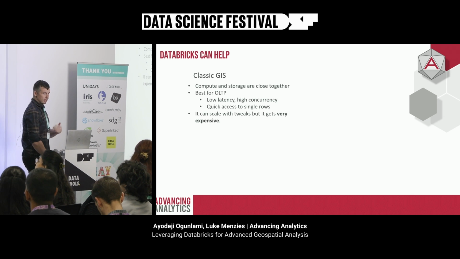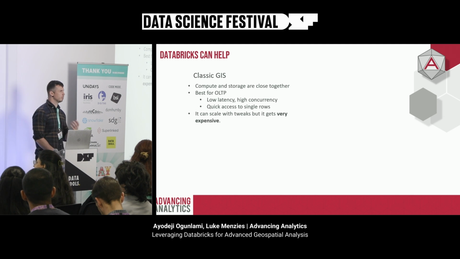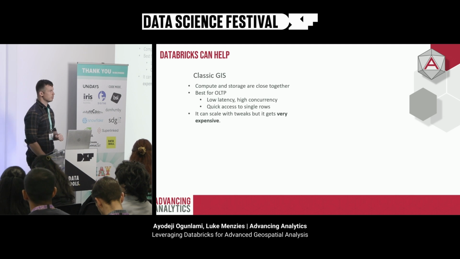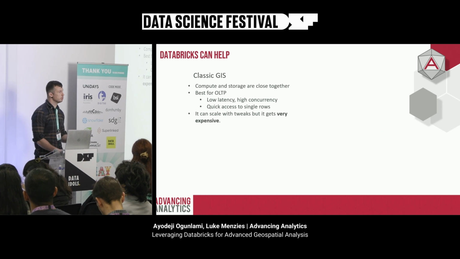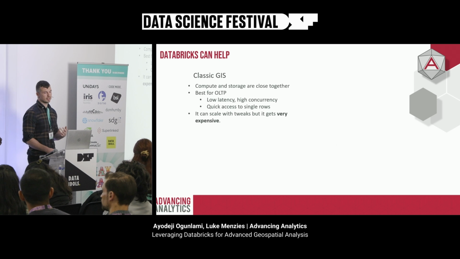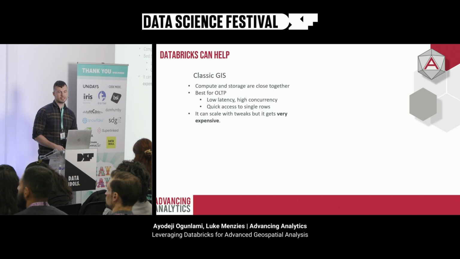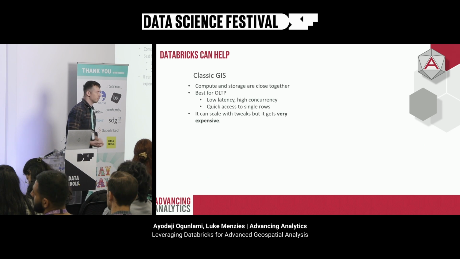Online transaction processing databases were typically used for geospatial analysis, so the storage was quite close to the compute. They do have quite good things like low latency, but in terms of scaling, it can get quite expensive. Now, Databricks has got some very good tools you can use to help with this.